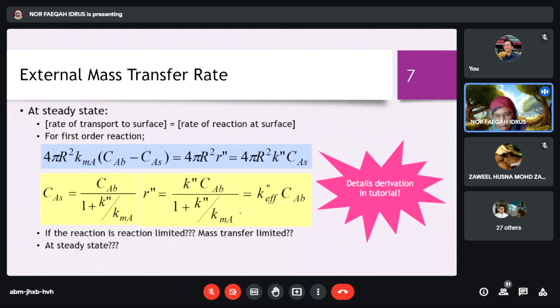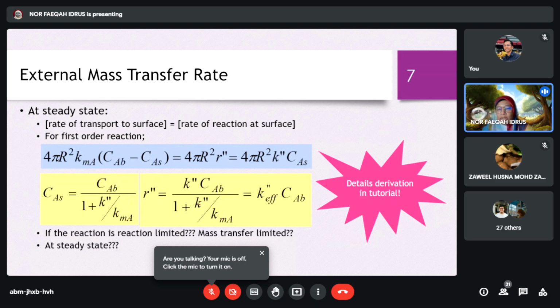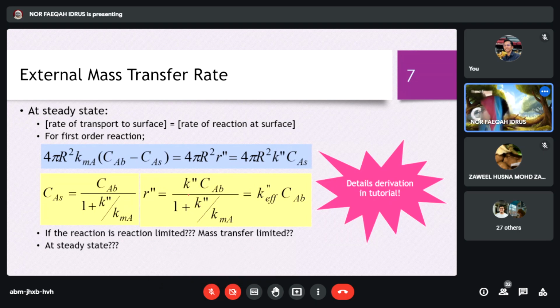when the KMA is much larger than K, of course small value divided by large value, the answer will become almost zero. Need to check again on the calculator. So when this happens, this term will be negligible.